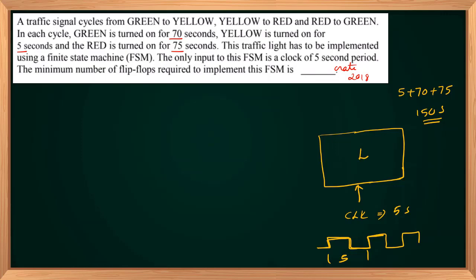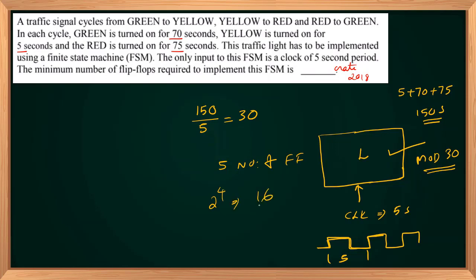So you should scale down your clock frequency, or scale up your clock period. The factor by which I should scale down the frequency is given by 150 divided by 5, that will give me 30. So I should use a mode 30 counter. A mode 30 counter can be implemented using 5 flip-flops. 2 power 4 is 16, 2 power 5 is 32.